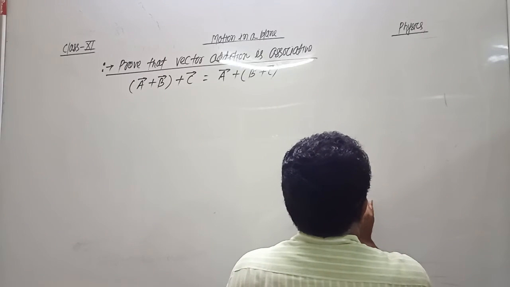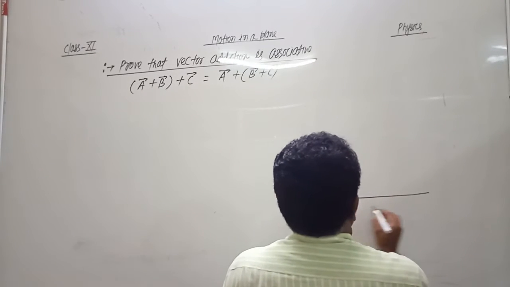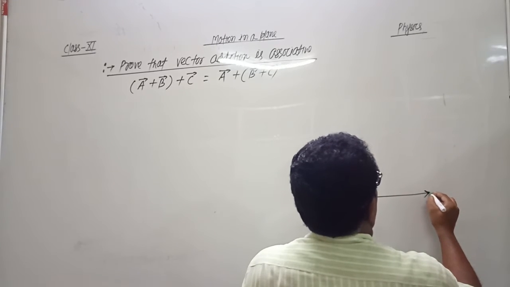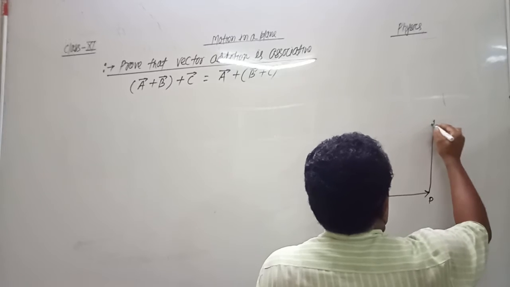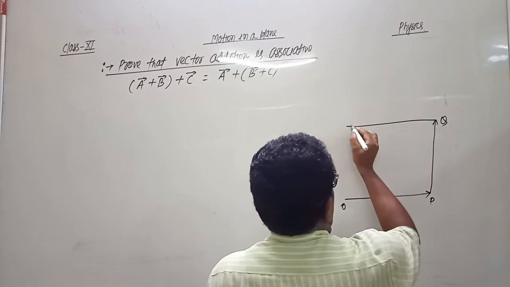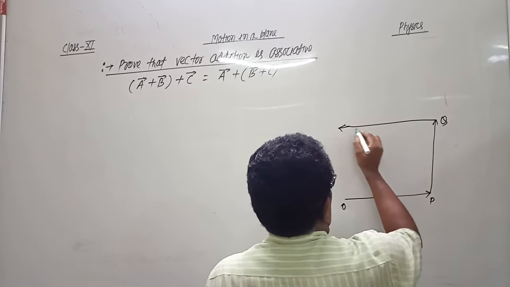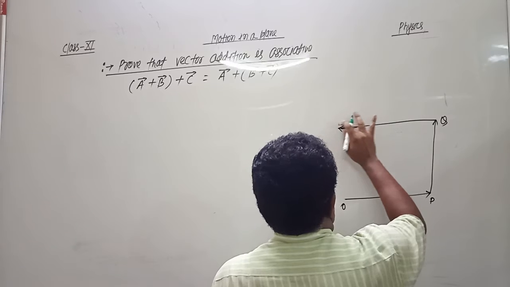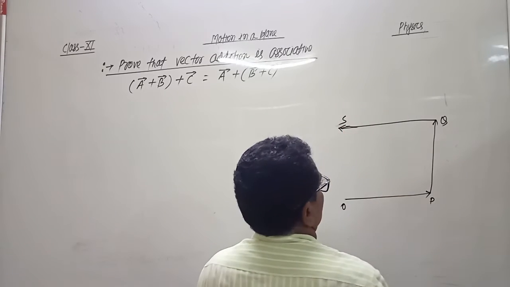So let OP be a vector, PQ be another vector, and QS be another vector.